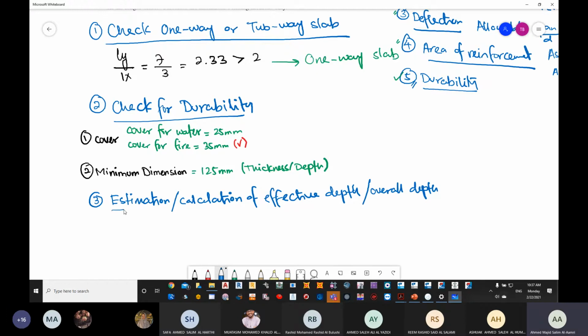Okay. Now, what is the difference between estimation and calculation? Anybody? Is there any difference between estimation and calculation?